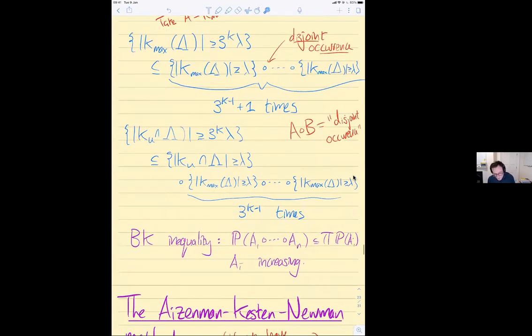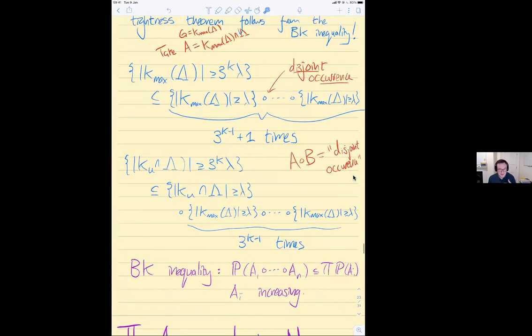So in order to prove this universal tightness theorem, it suffices to prove the following deterministic fact, which is just an inclusion of sets: the event that the maximum cluster size is at least 3^k times lambda is included in the disjoint occurrence of 3^(k-1) plus 1 copies of the event that the maximum cluster size is at least lambda.